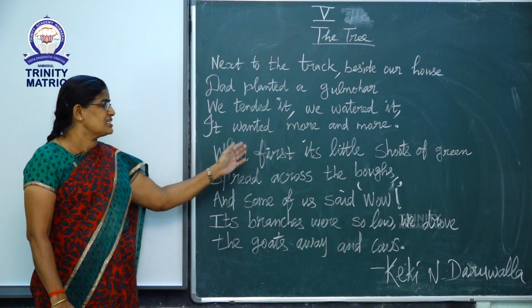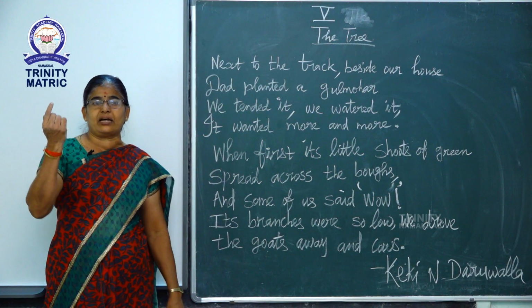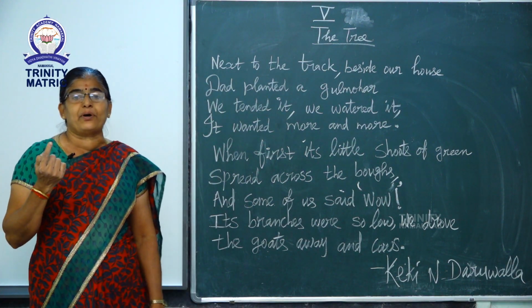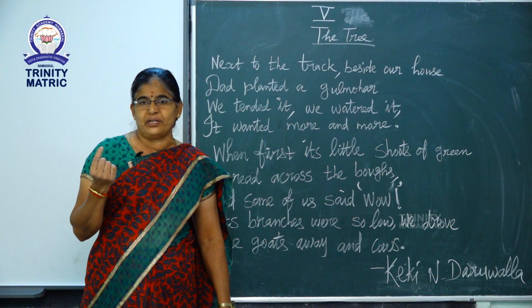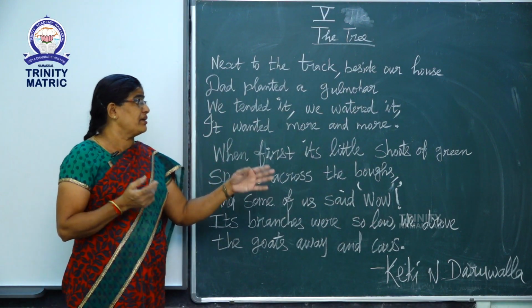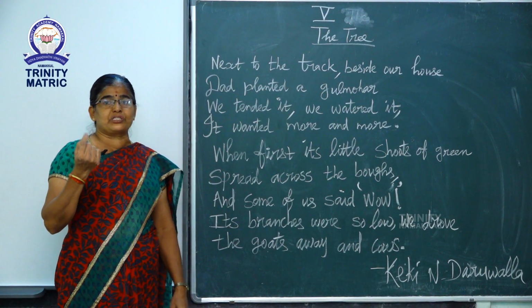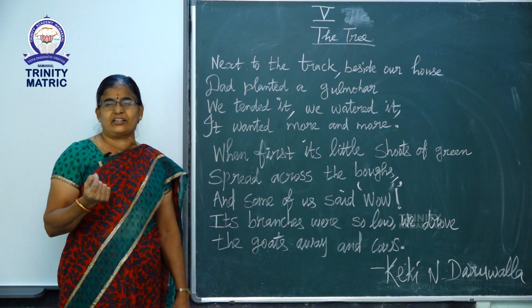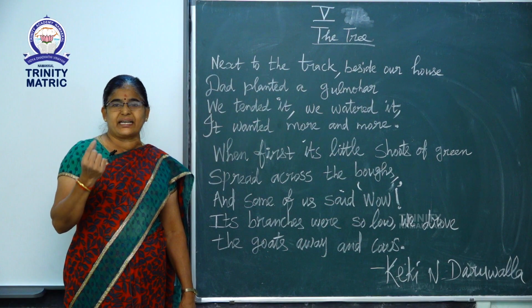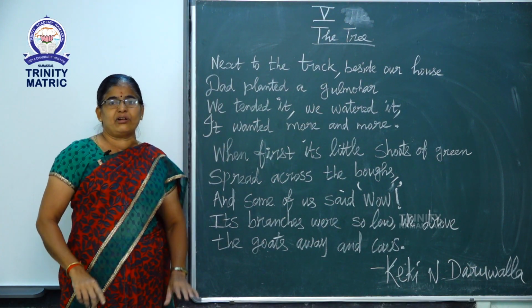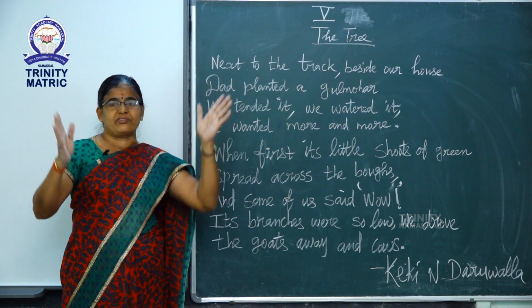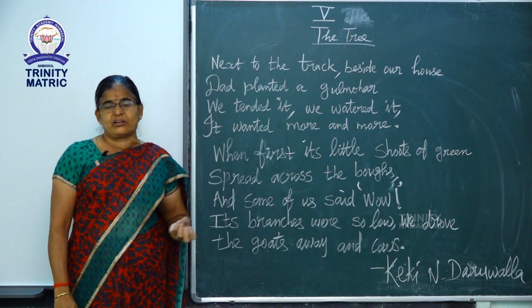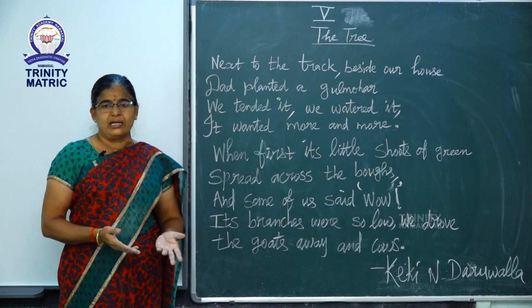When first its little shoots came, what comes first? Shoot means the stem part of a plant. Whenever you plant a sapling, the young shoot comes first. Shoot means young stem part. It sends water to other parts of the plant. Roots will absorb the water. What is the duty of the stem?